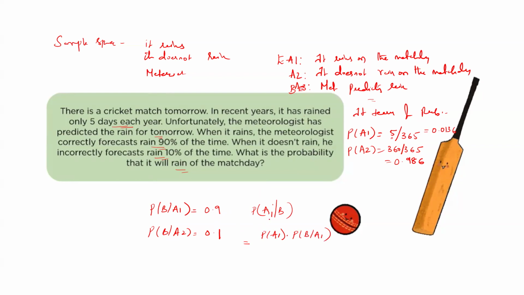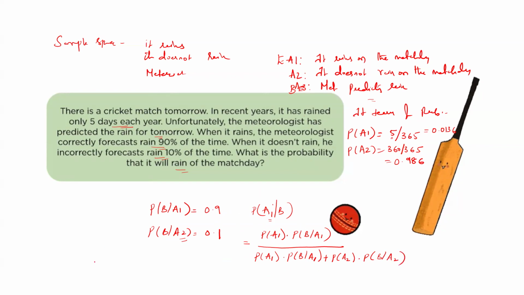Because you can remember this Bayes theorem: probability of A given B equals probability of B given A, divided by probability of A1 into probability of B given A1, plus we have another mutually exclusive event, that is, it does not rain on the match day. We have to calculate that also. So it is probability of A2 into probability of B given A2.